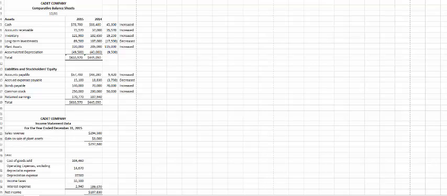and by how much. Alright, so we can see here with cash, at the end of 2014, we had $33,400. It increased to $78,700, which is an increase of $45,300.